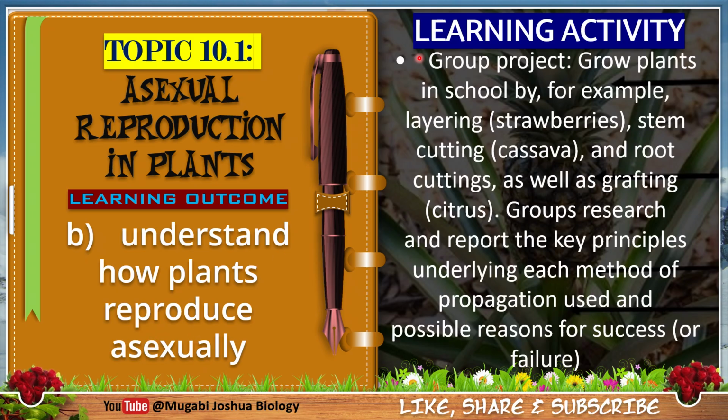We have been working on the learning activity, group project, to grow plants in school by, for example, layering using strawberries, stem cuttings using cassava, root cutting, we used sweet potatoes, as well as grafting in citrus plants.